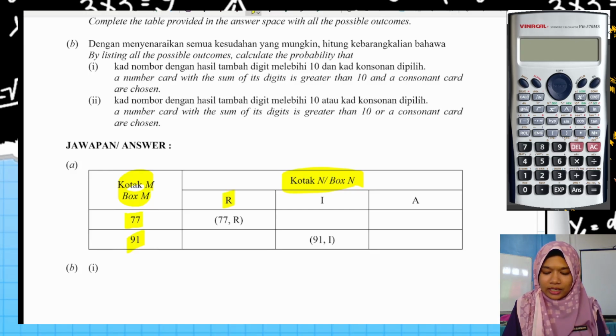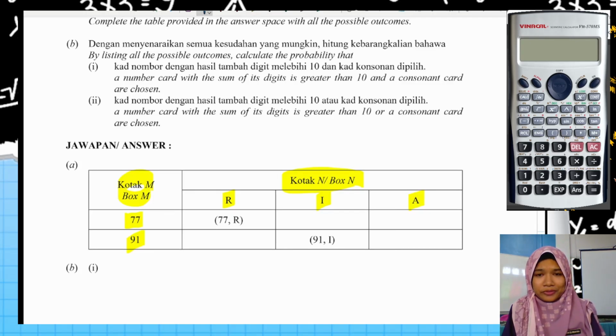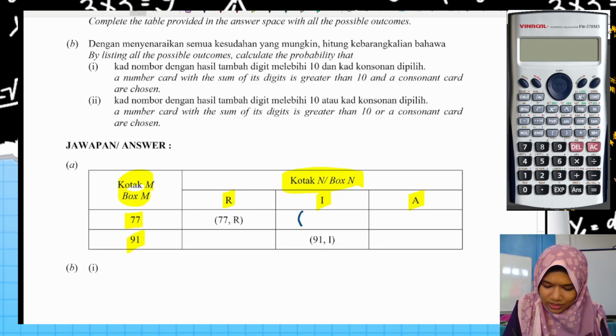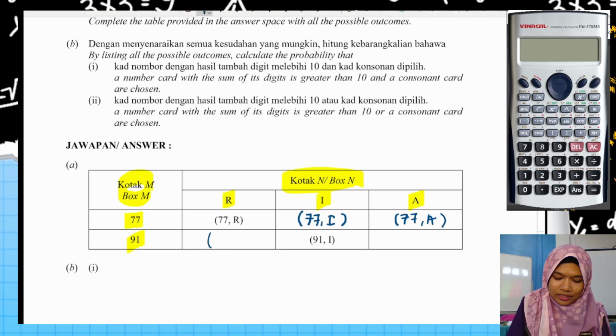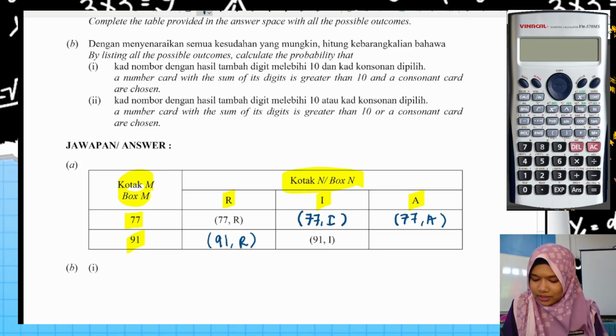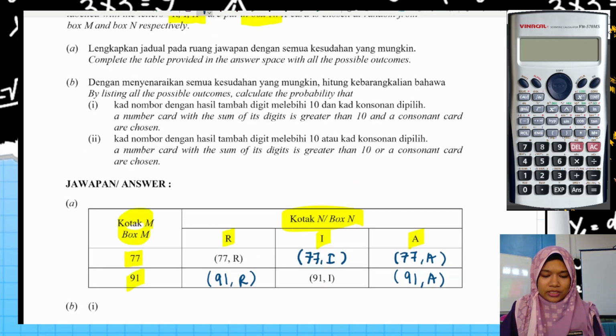Box N, R, I, A. So, the possible outcomes. Just complete the table by your own. Okay. Can you do it? Alright. So, here is 77R, 77I, here is 77A. Here 91R, 91I, and here is 91A. Okay. Selesai question A.